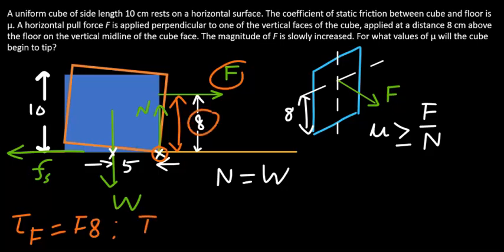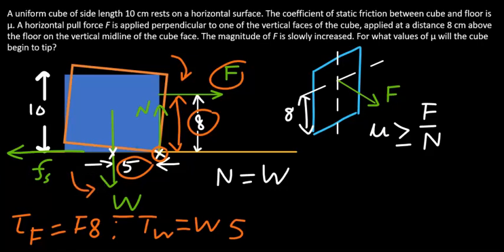Likewise, the torque due to the weight equals the force, weight, times its perpendicular distance to the axis of rotation, which is 5 centimeters. As you can see, the torque due to force F would tend to rotate the cube like that, and the torque due to weight W will tend to rotate the cube like that.